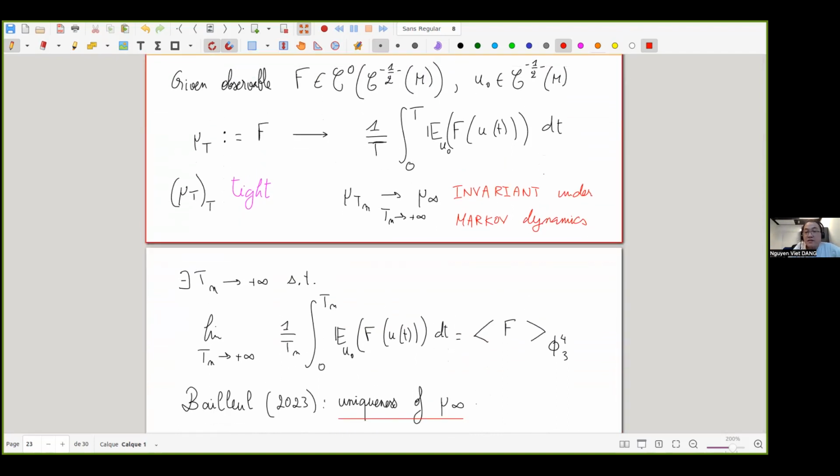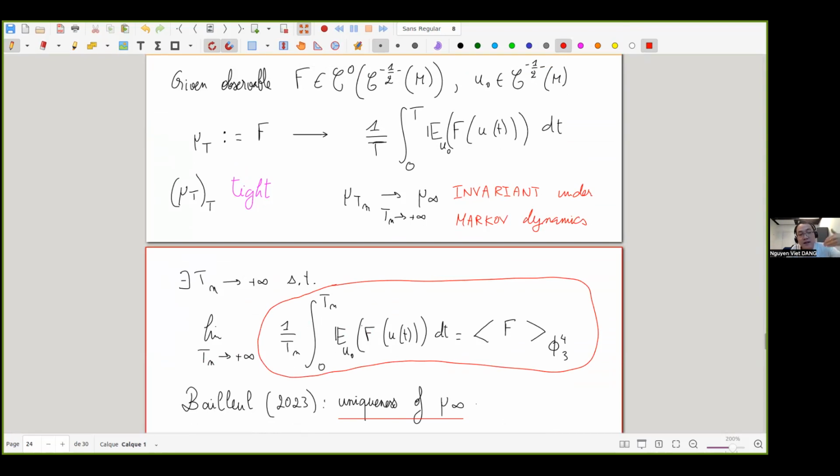Here is the result I drew: you can get the Phi43 measure as a limit, when the time goes to plus infinity, of Birkhoff means of your observable F. And so really your measure is obtained as a convergent subsequence of some family of measures.